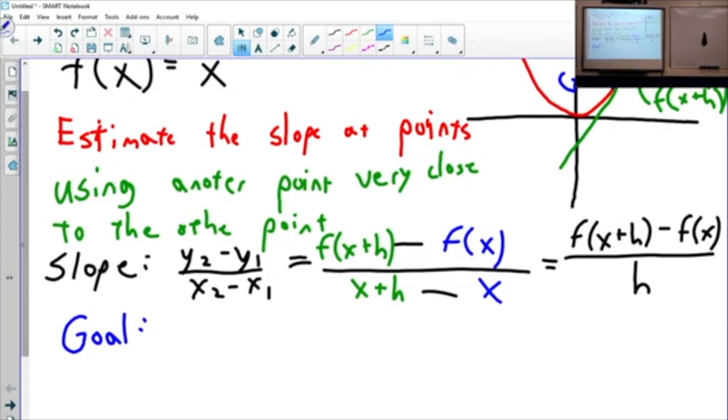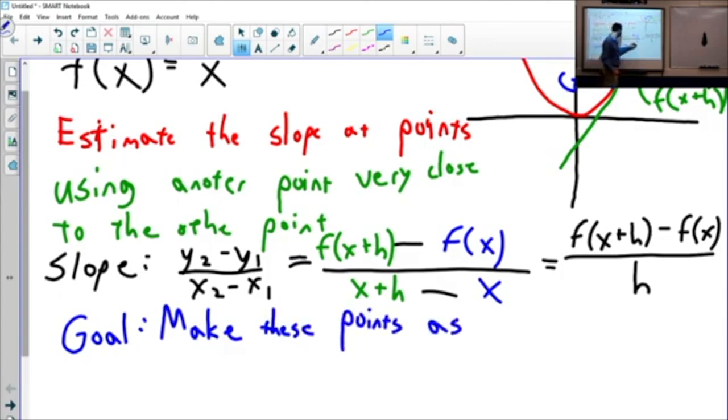The goal, just to recap everything that we've done, we are using 2 points that are very close together. And that means that my goal is to make these 2 points as close as possible.